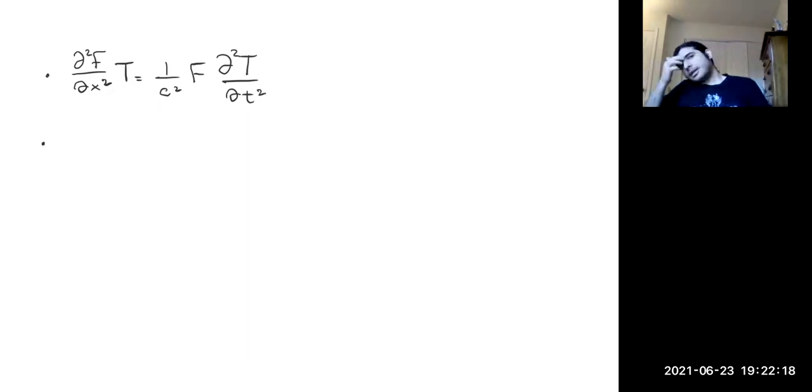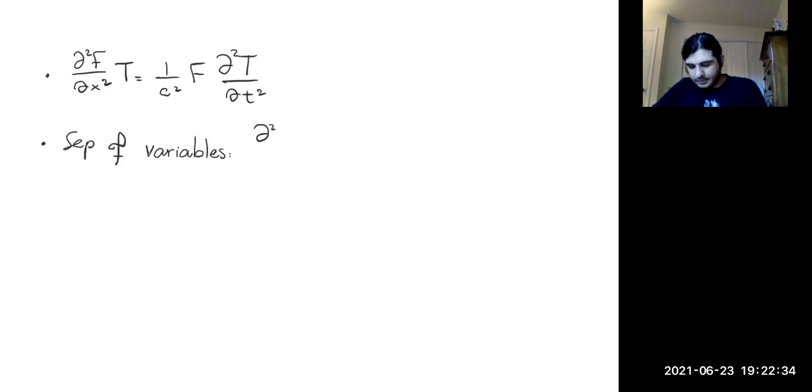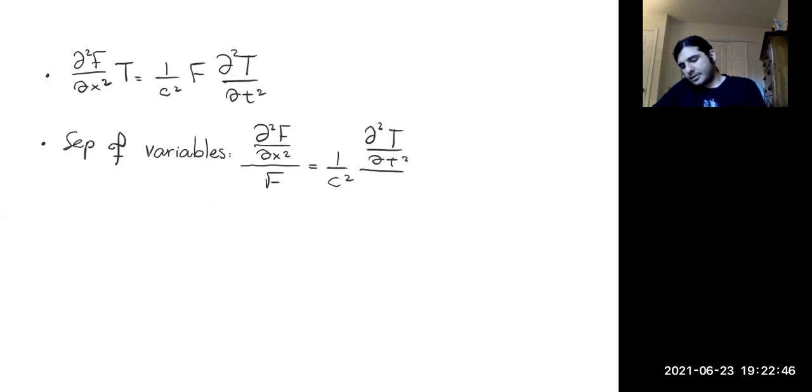Now we do exactly what we did before. We would separate the variables. So we have the second derivative of f with respect to x over f is equal to 1 over c squared, second derivative of T with respect to t over T. The same type of argument we did for the heat equation works here.